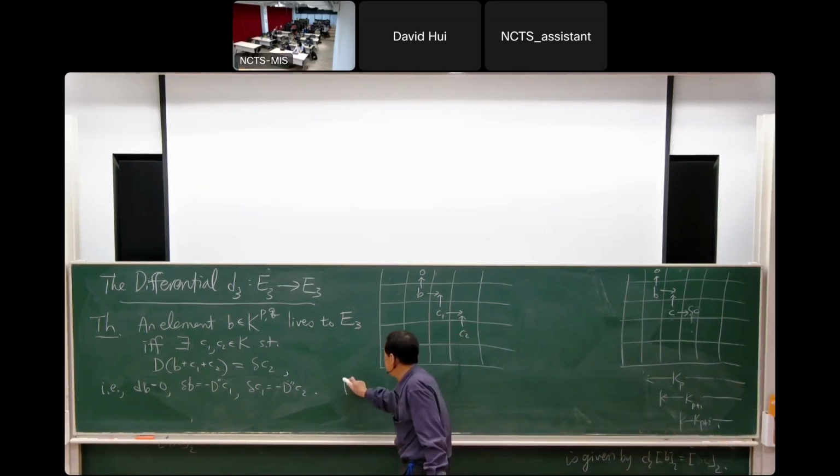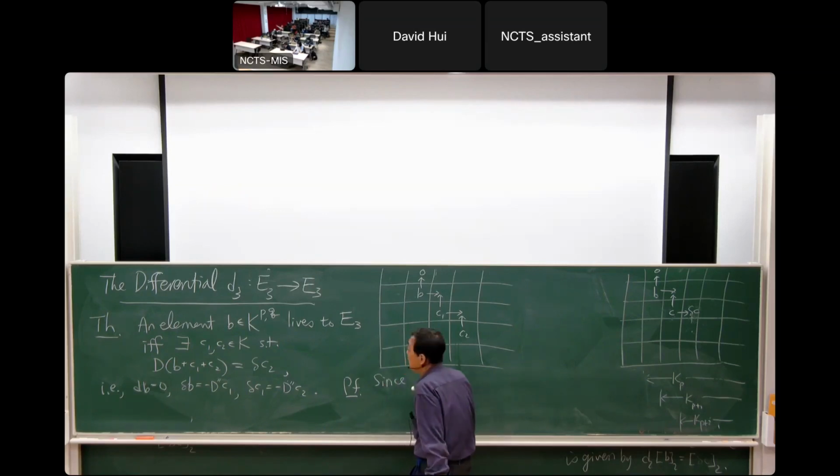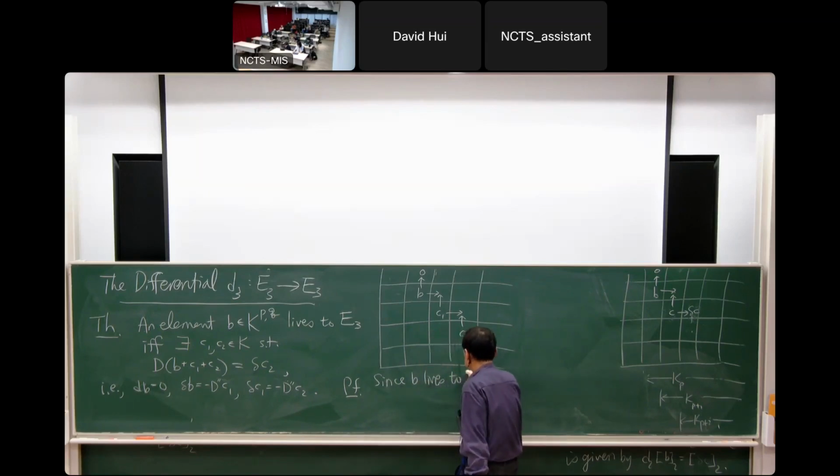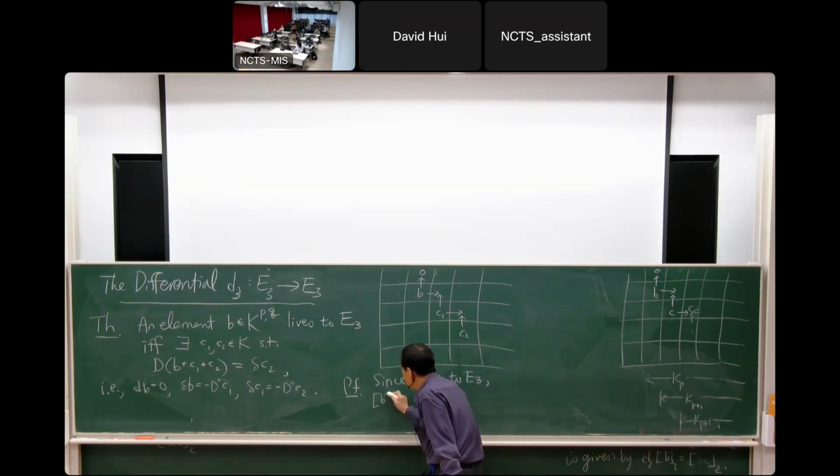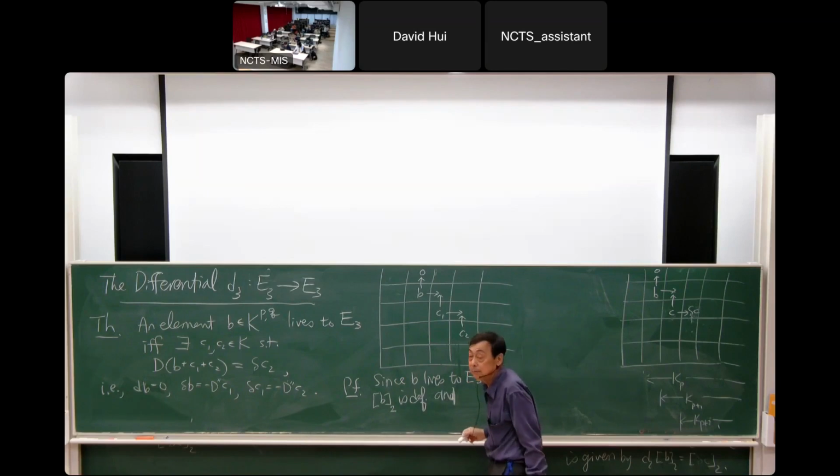So prove. So since B lives to E3, okay? So its class in E2 is defined, and D2 of B2 has to be 0.